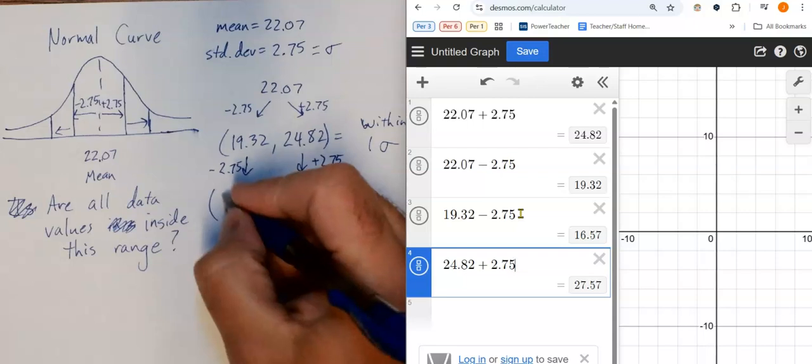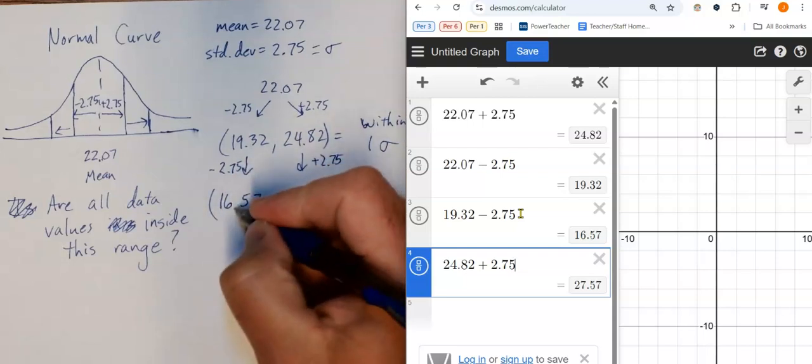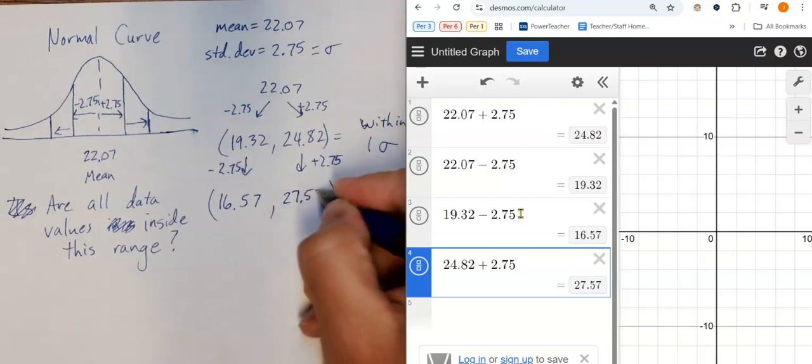So my new boundaries are 16.57 and 27.57.